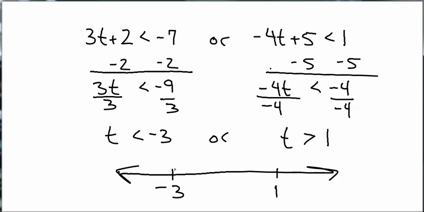On the negative 3, you're open, and we're going to the left. On the 1, you're open and going to the right. So if there's an or, you just solve both problems, put your solutions on one graphic. Clear? Questions?